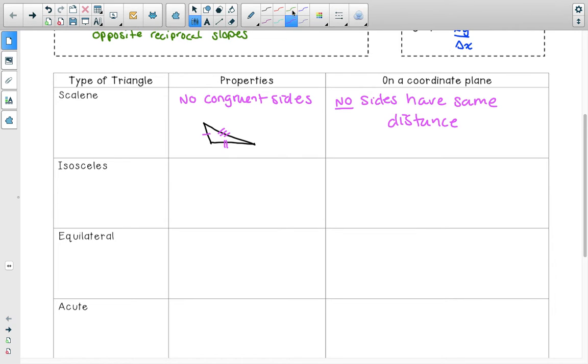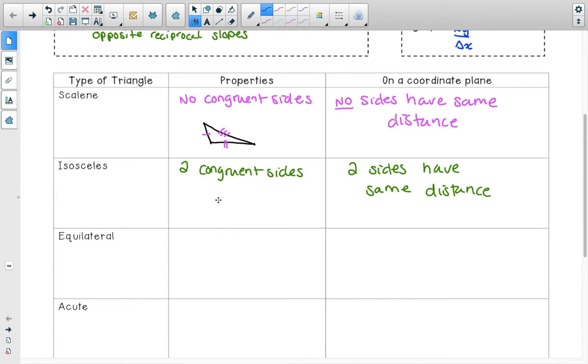Isosceles, an isosceles triangle has 2 congruent sides, meaning that 2 sides have the same distance.